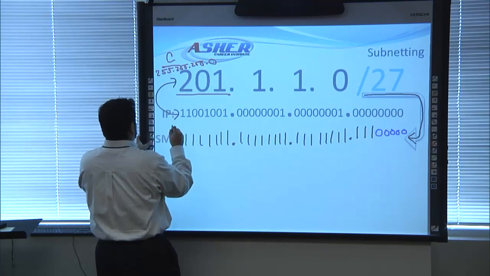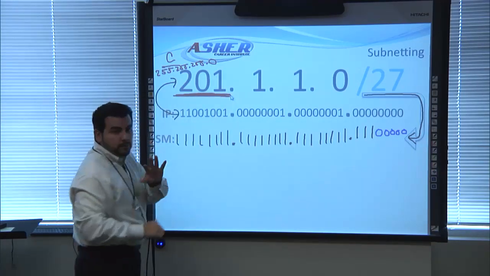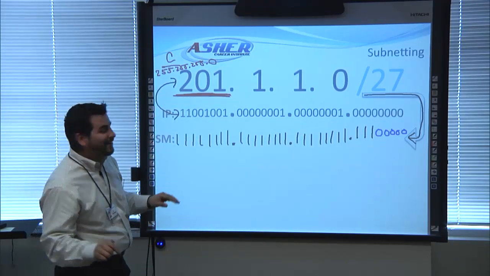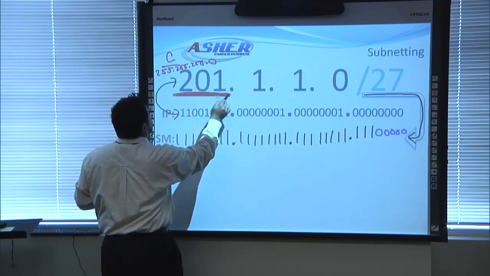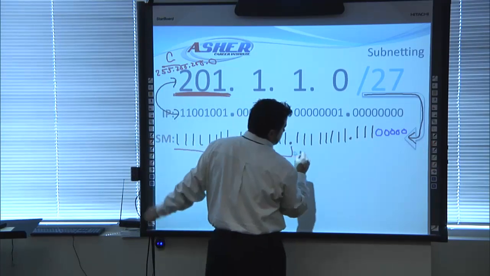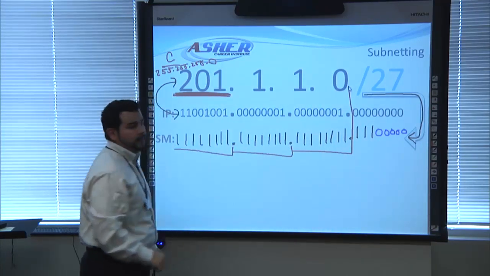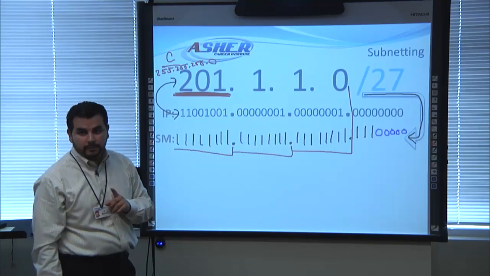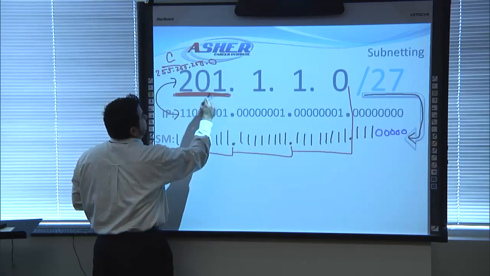So because of this 201 here, and in subnetting that's the most important thing, whenever you see the 201 there, it tells me that there were supposed to be 24 ones in there, and the rest of them are supposed to be zeros, because that's what we learned in the last one.